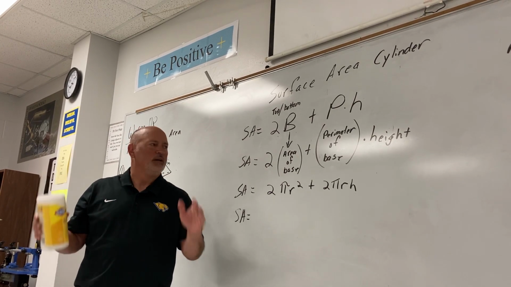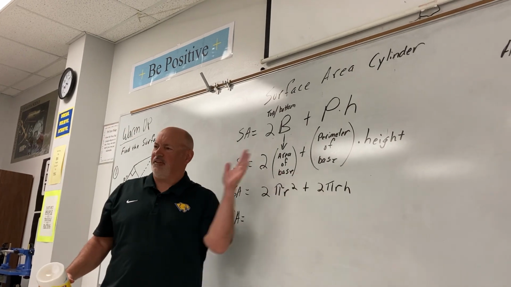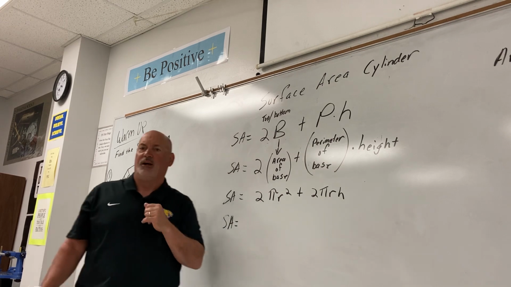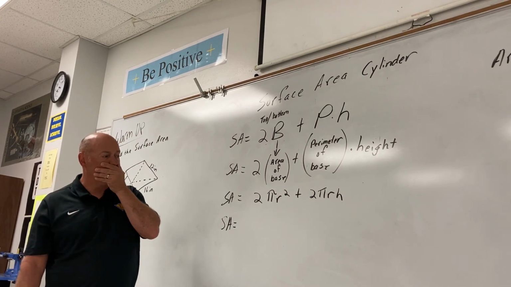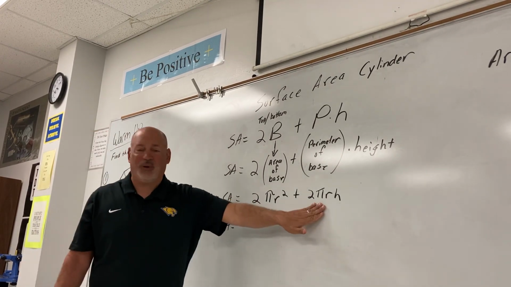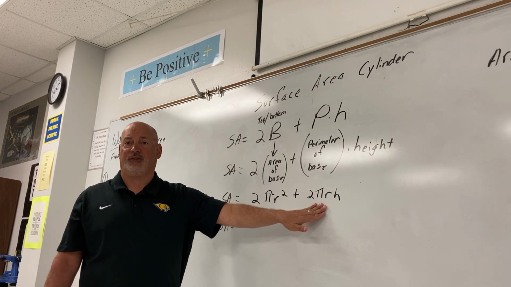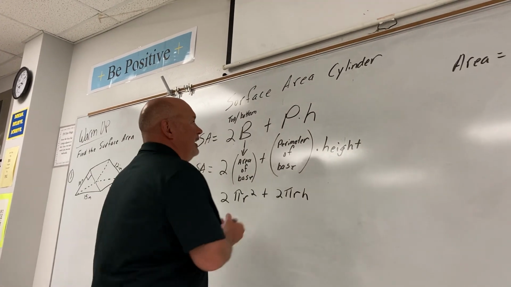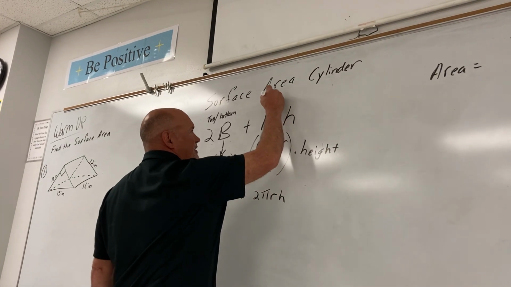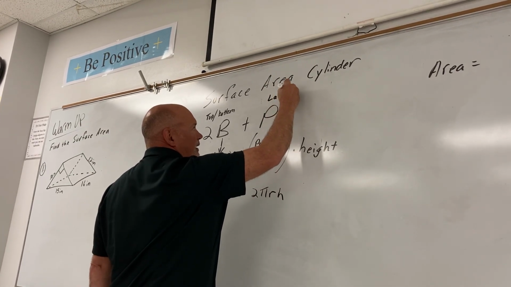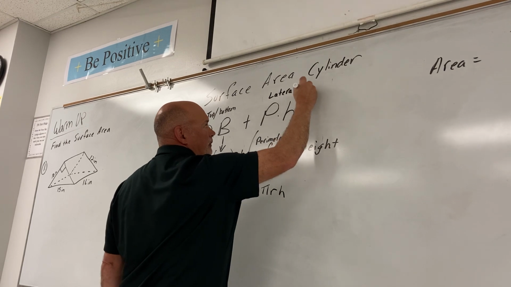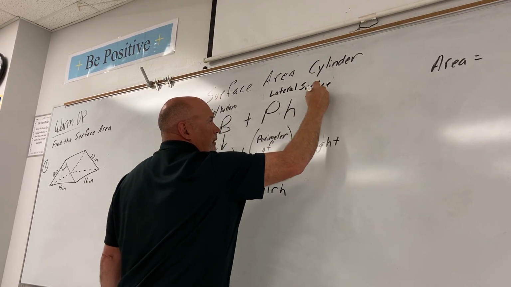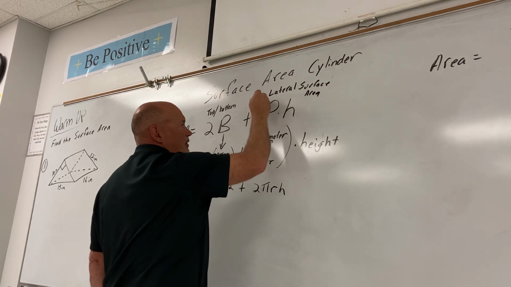Are you with me? So what part of this formula, if they did ask me on the homework to find only the lateral surface area, what part would we use? The second part? Yeah. 2 pi r h is the lateral surface area. Put that in your notes. Anytime they ask you for lateral surface area, that is this part, P times H. So the STAR test could ask you that question.